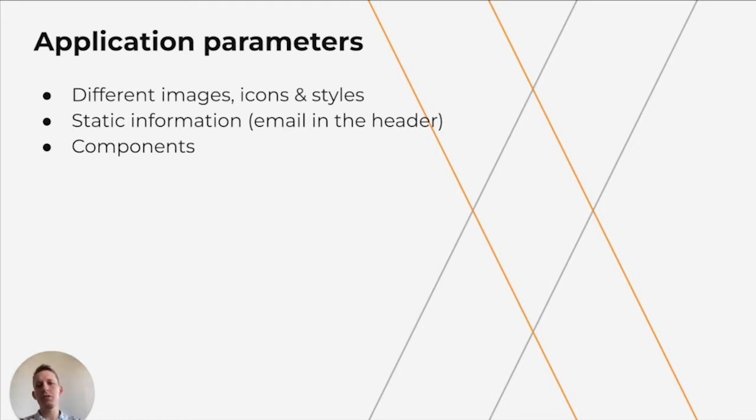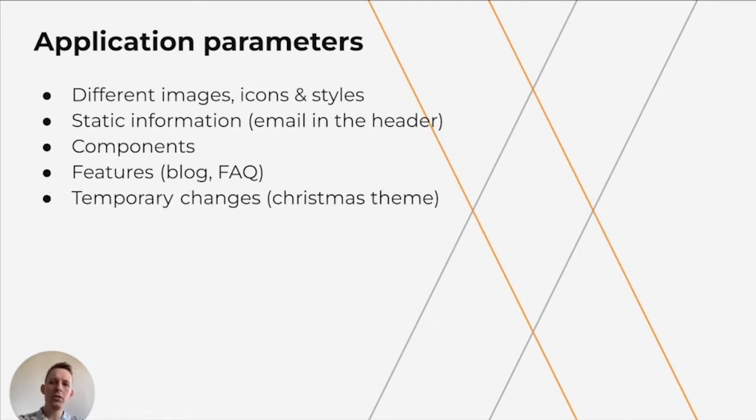Sometimes we have to use different components for different countries. One country might want to have a different button for the add to cart button. Some countries might have additional features, while other countries lack some features, or there are some temporary changes like a Christmas theme or some weekly, for example, brand deals that are localized only to one or more countries.